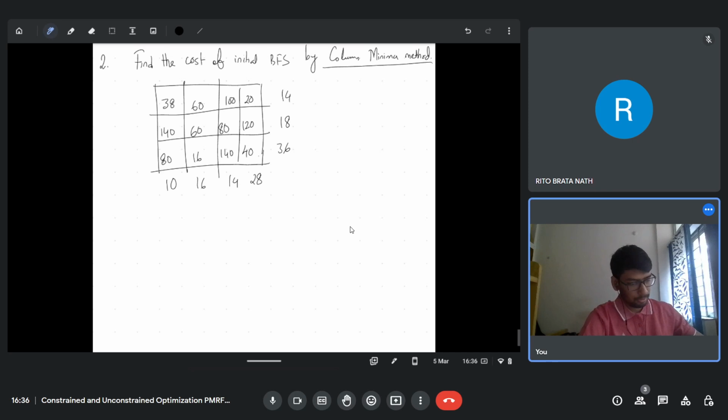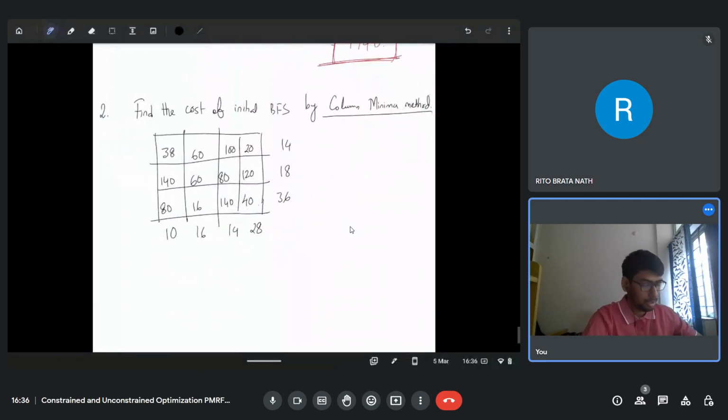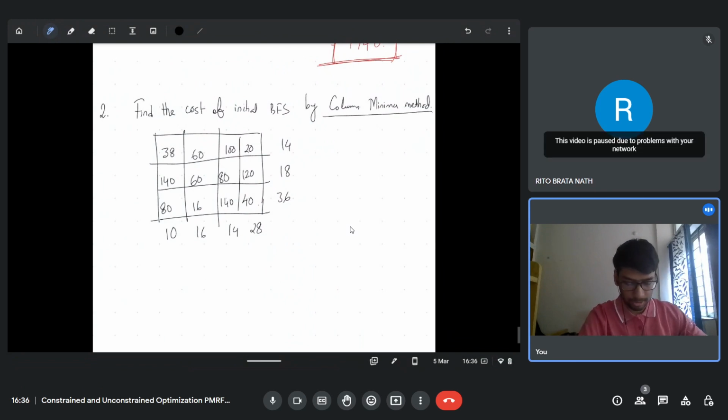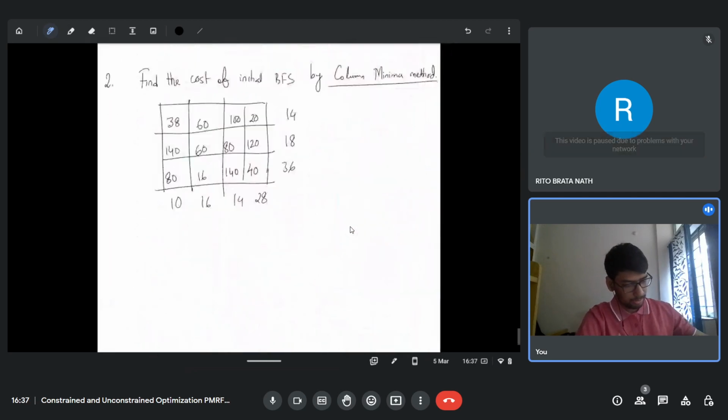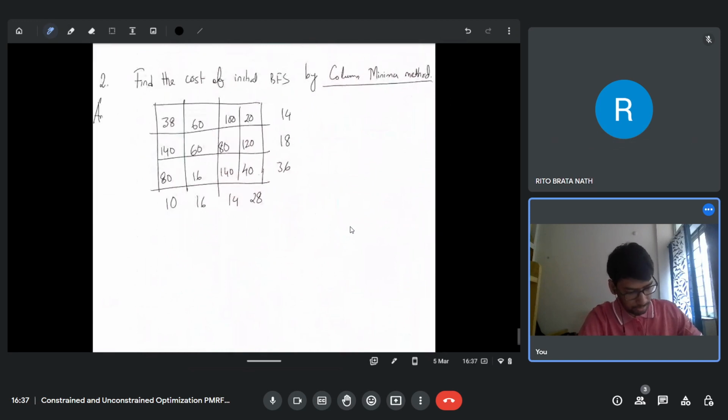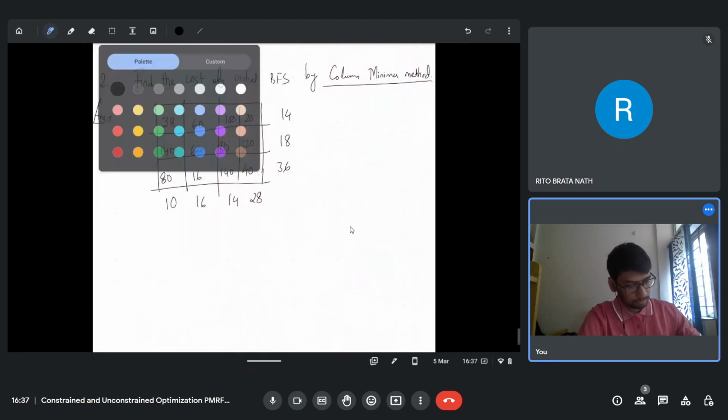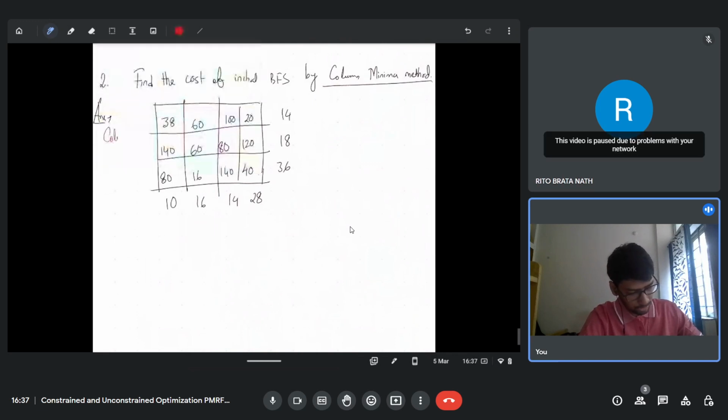Now, for the column minima method, what you have to do, you have to pick, say, the first column and check which one is having the lower value, right? So let's solve this. Okay, so let me write down this answer. So this is column minima method.